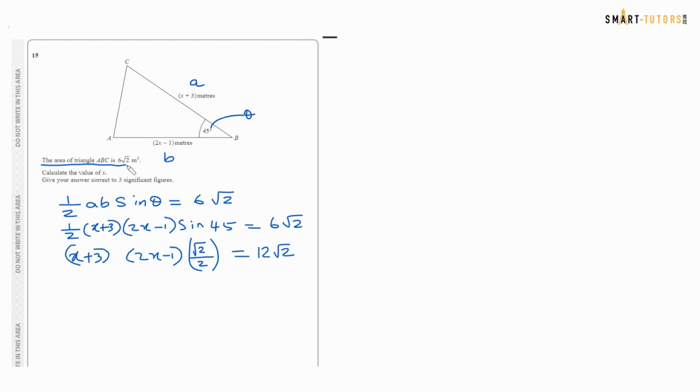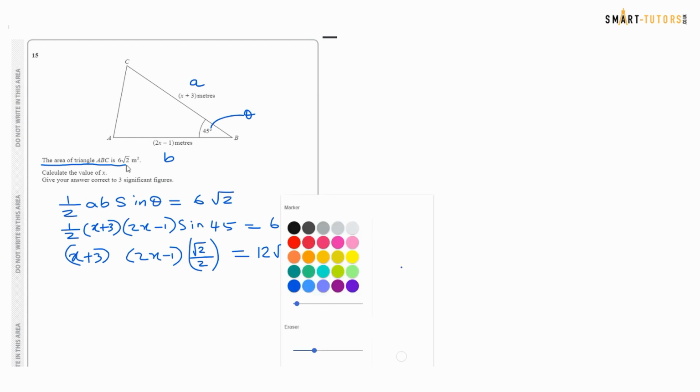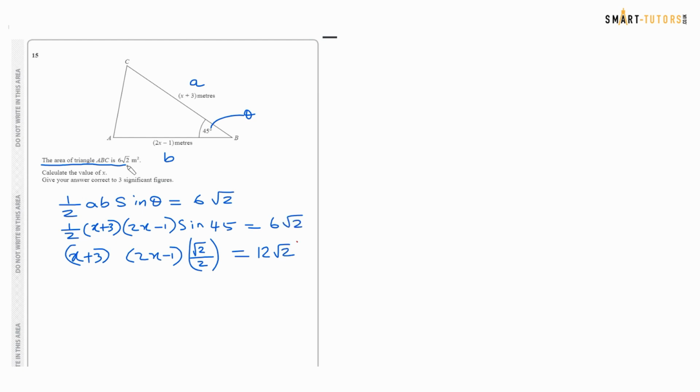So I'm going to again multiply by 2 and divide by root 2. So I'm multiplying by 2 again, both sides, to get rid of this 2, and I'm dividing by root 2 to get rid of the root 2. So root 2 cancels.